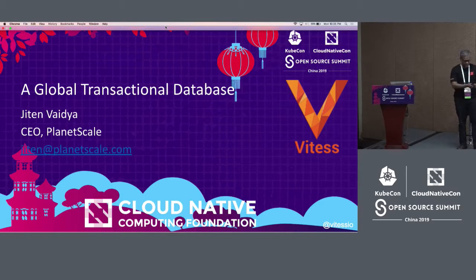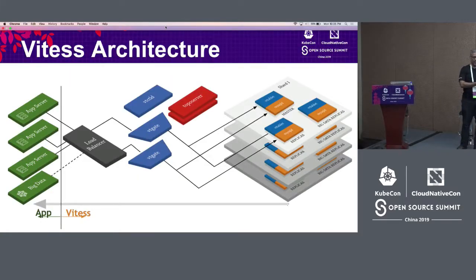Since then, Vitess has grown quite a bit, and is now used in production by companies like Slack, Square Cash, Pinterest, and YouTube. I don't know how many of you know about these companies, but these are very popular companies in the United States that run really large workloads.